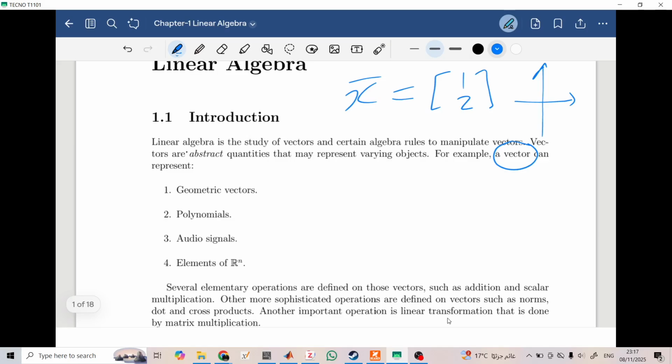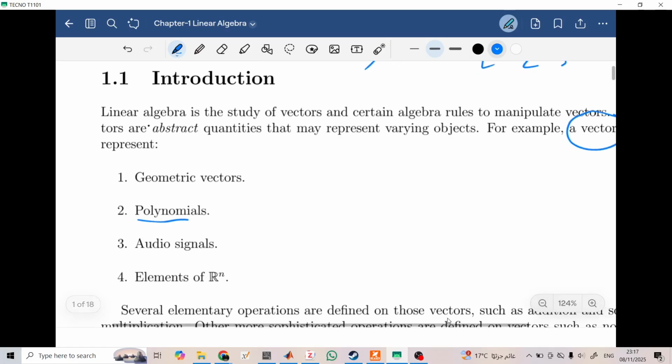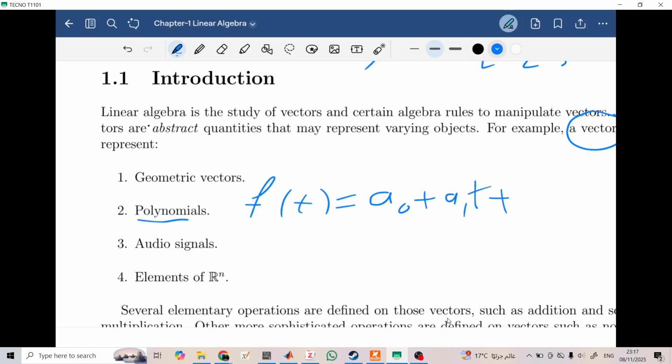It can be a polynomial. For example, let's say that we have a polynomial f of t equals a0 plus a1 t plus a2 t squared. We can represent this polynomial by a vector of coefficients.